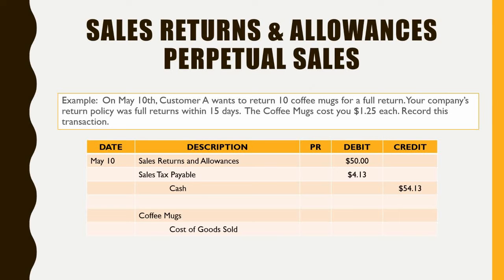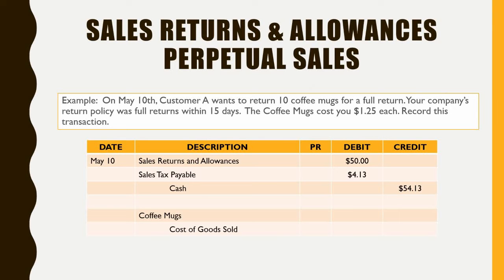Because this time the item is being refunded back to you, you also have to undo the cost of goods sold, because in this case you never sold the product to begin with. That's the idea. When you get the product back, you never sold that product to begin with, so you have to take it out from the cost of goods sold.